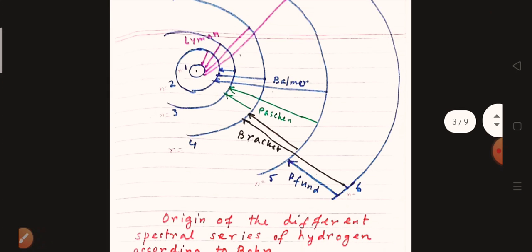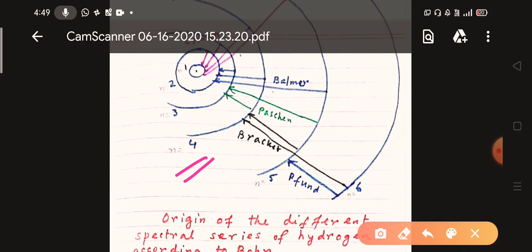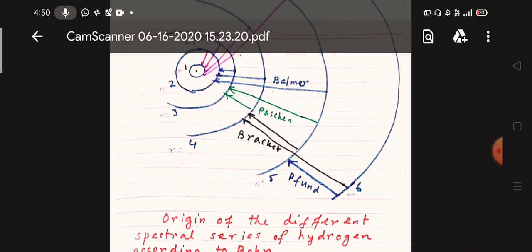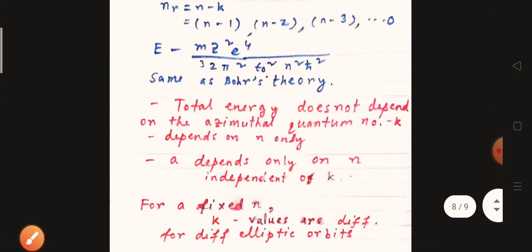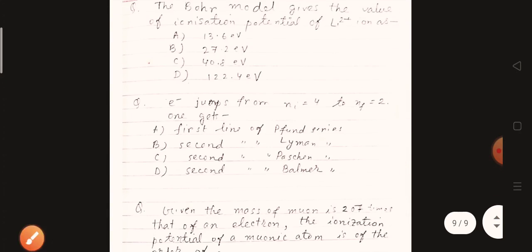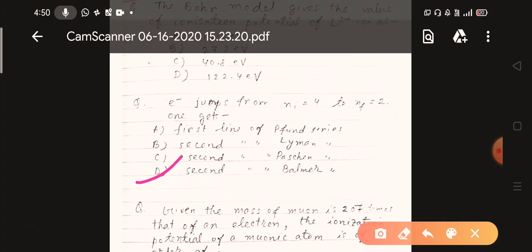This is n equals 4 and this is the n equals 2 line. From n equals 4 to n equals 2, we get the Balmer series. This is the first line, that is n equals 3 to 2, and this is the second line, that is n equals 4 to 2. So the answer will be the second line of the Balmer series.